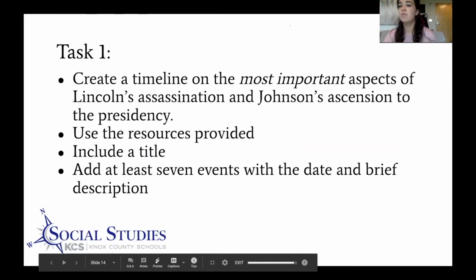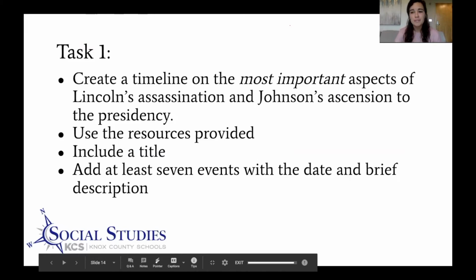You should also have a timeline template, so you can create your timeline this way or this way, it doesn't matter. Please just make sure your timeline has a title at the top. And like I said, include at least 7 events with a date and a brief description.